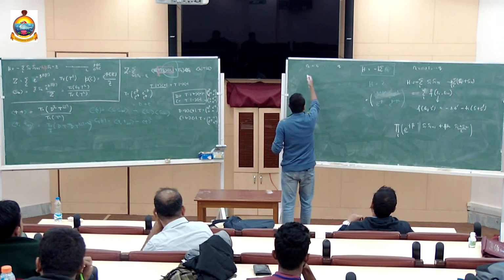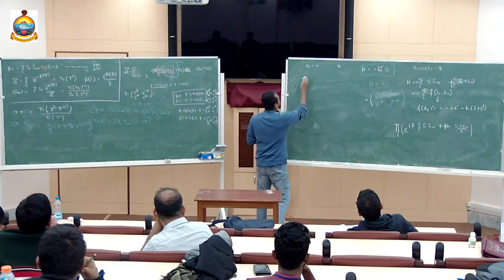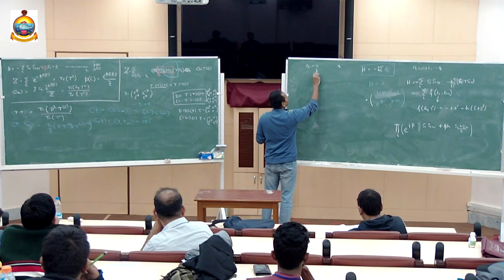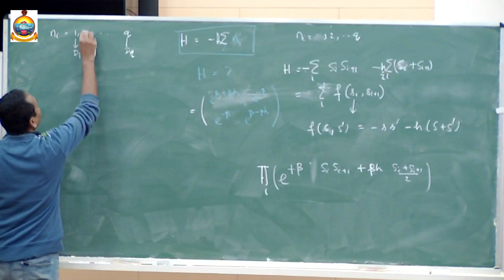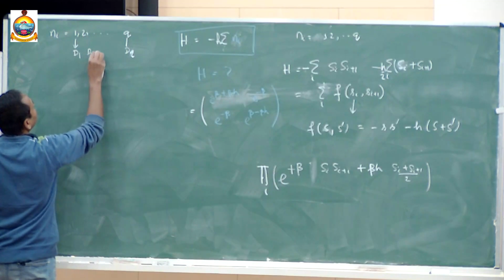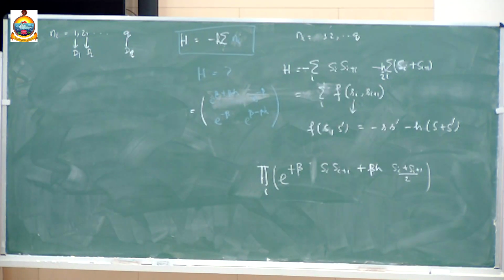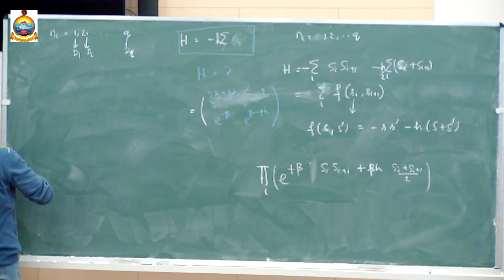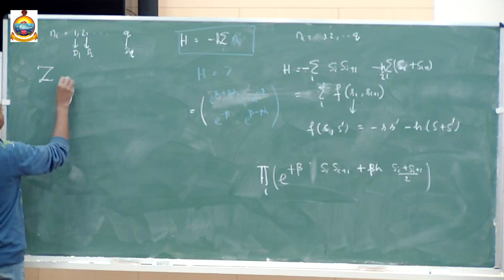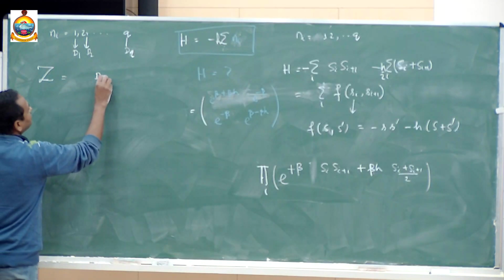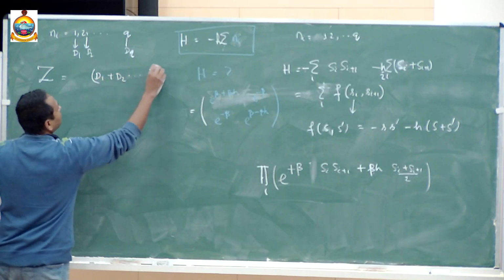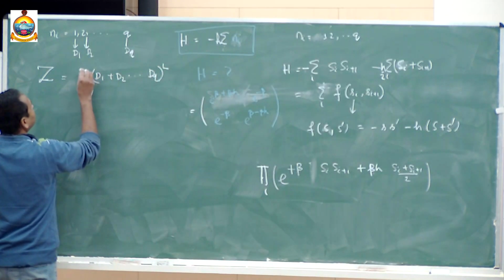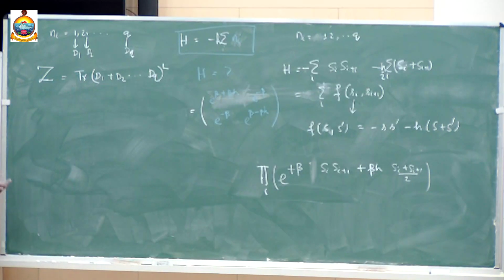So let us say there are q variables, and the corresponding matrices are represented by D1, D2, up to Dq. This is the corresponding representation. Now the partition function in this case will be just the trace of (D1 plus D2 up to Dq) to the power L. That's your partition function.